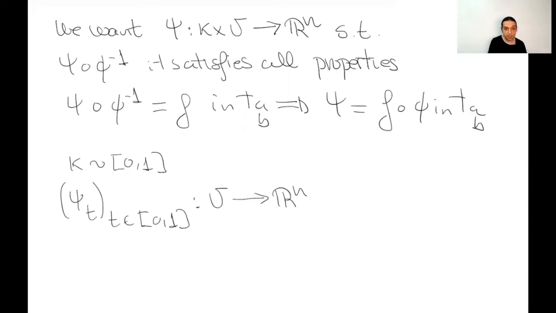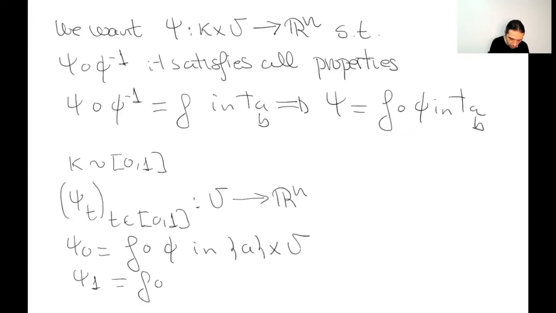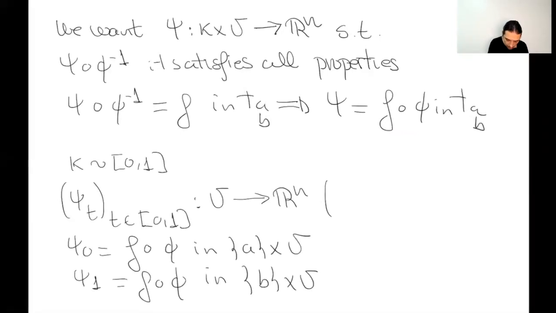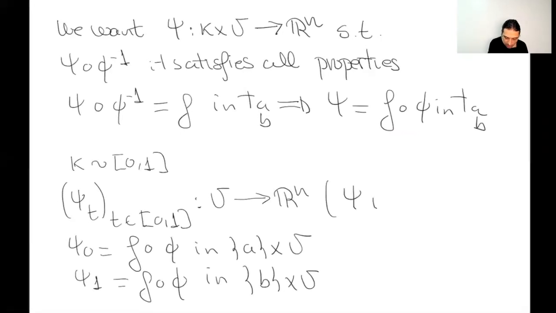An isotopy from actually the value of this map, where psi 0 is going to be this composition in A times B, and psi 1 is going to be also this composition in B times B, okay? And as I said, we are going to suppose that psi is an isotopy.